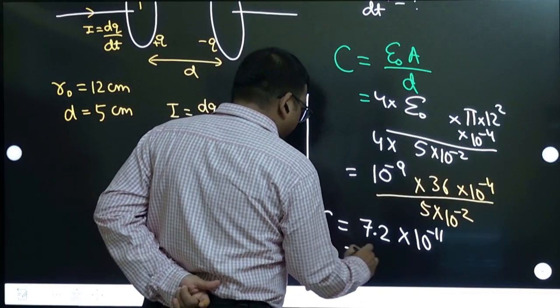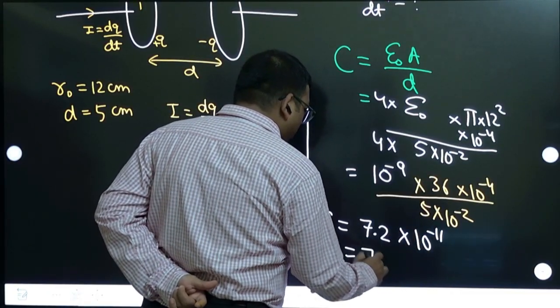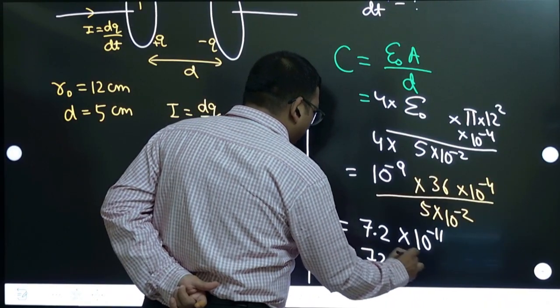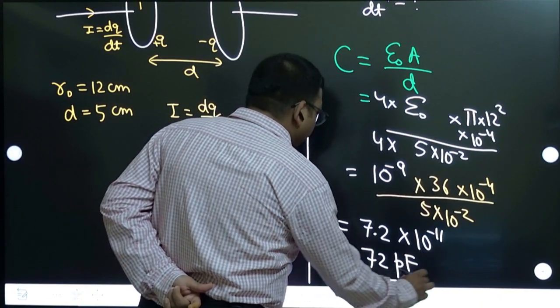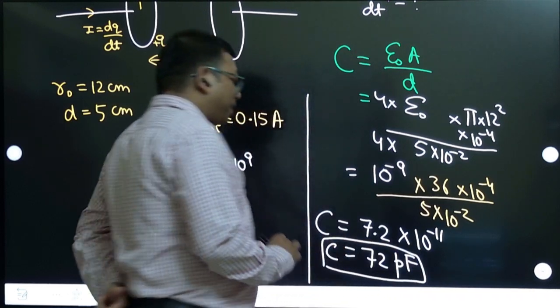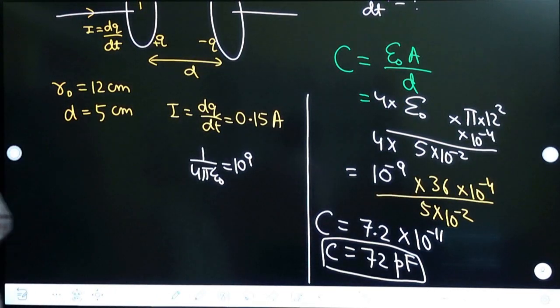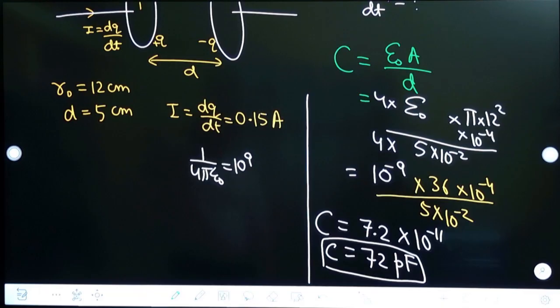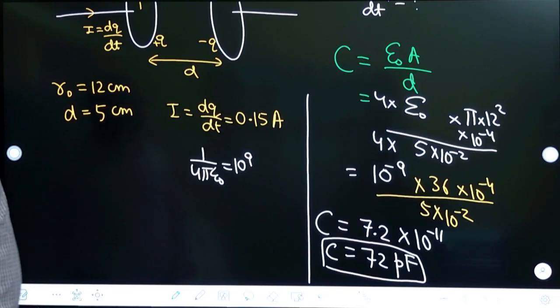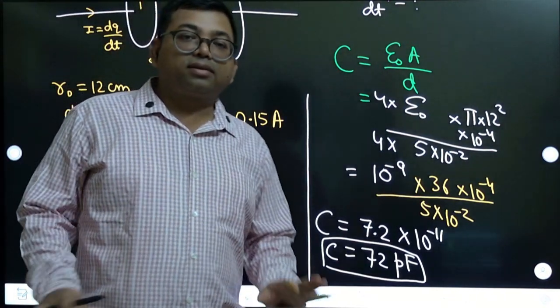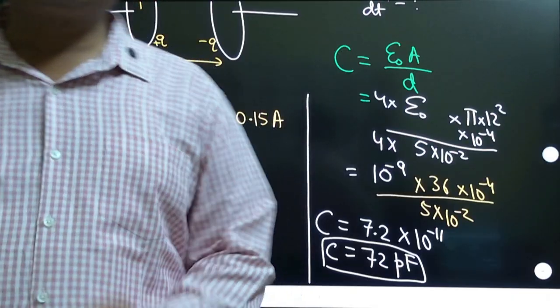Or if I want to write in pico, 10 power minus 12 will go, 72 picofarad. This will be the answer. Capacitance is 72 picofarad. Clear? Calculation you should do.